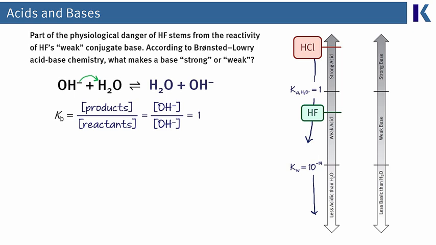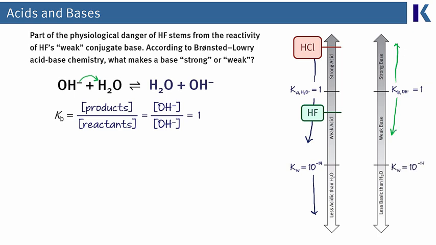Again, the base constant for this is products over reactants, where they're the same thing, and so this reduces down to 1. And as we saw for acids, if a molecule has a Kb that is greater than 1, that means that molecule is more reactive than hydroxide, which is the literal definition of basicity in solution. That's where we get strong bases from mathematically. At the same time, if a molecule's Kb is less than 1, that puts it into this weak base realm.